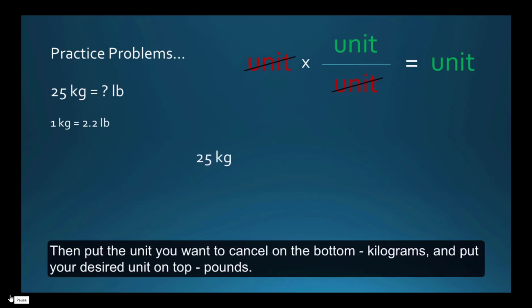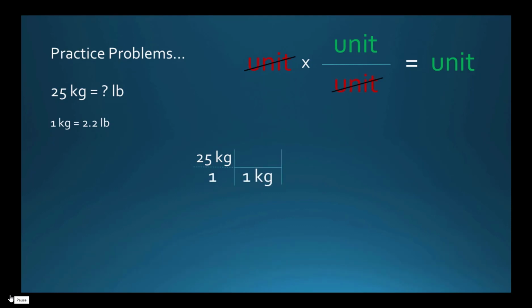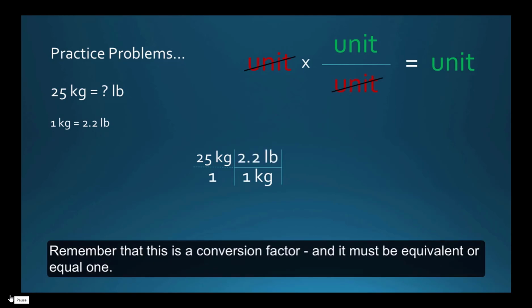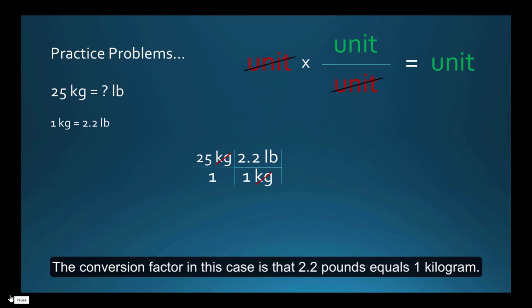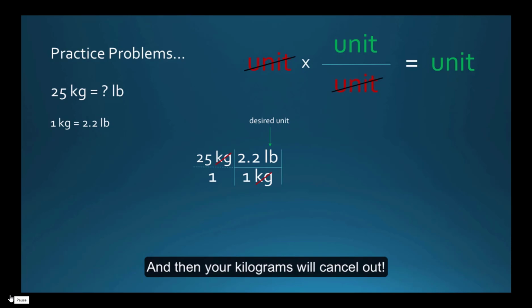Then put the unit you want to cancel on the bottom, kilograms, and put your desired unit on top, pounds. Remember, this is a conversion factor, and it must be equivalent or equal 1. The conversion factor in this case is that 2.2 pounds equals 1 kilogram. And then your kilograms will cancel out.